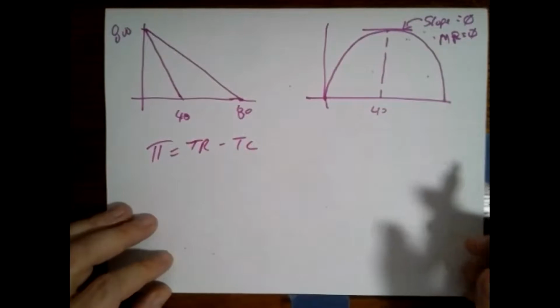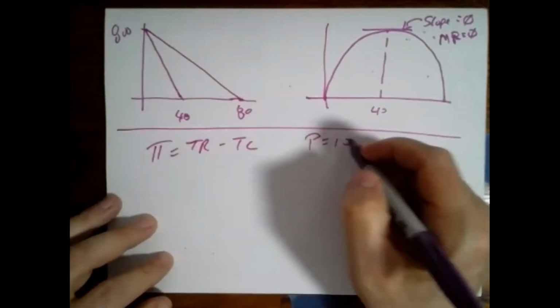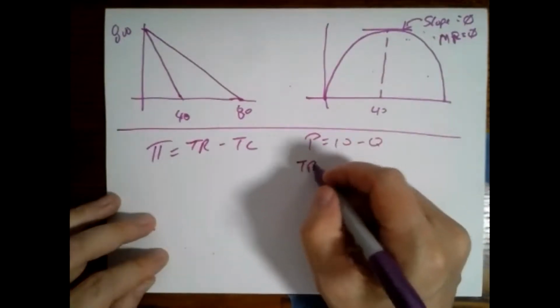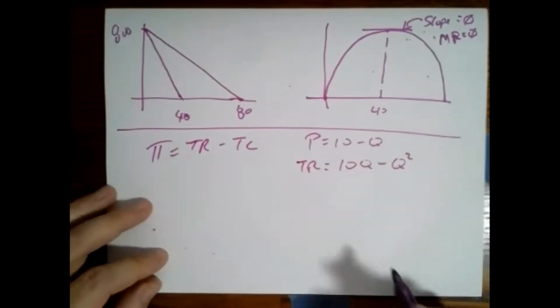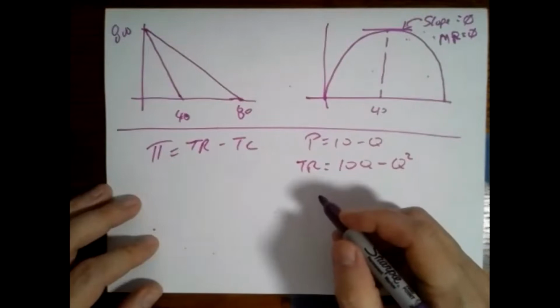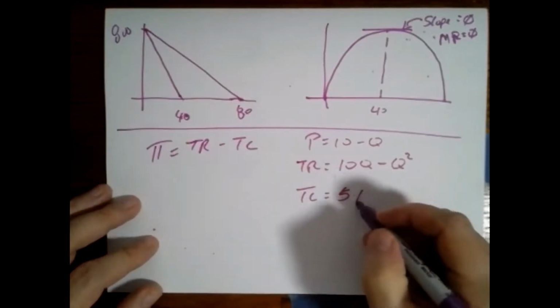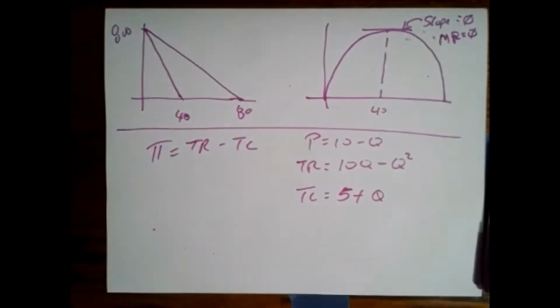So we're going to go back to our really simple version, which is P equals 10 minus Q. Total revenue then was 10Q minus Q squared. And now we're going to say that total cost is going to be 5 plus Q. And so what we're going to have is a decreasing average total cost.